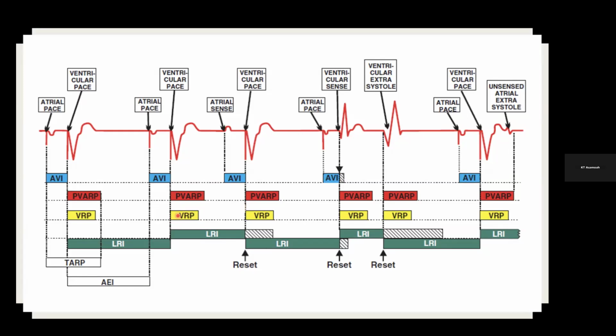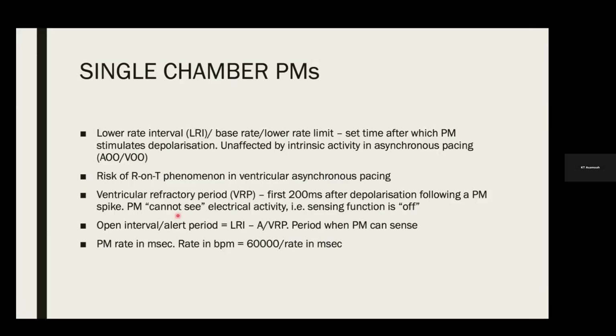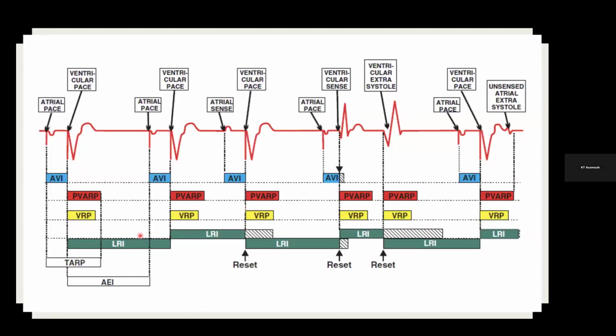Okay. Then we have the open interval, which is otherwise called the alert period. And that is equal to the lower rate interval minus the ventricular refractory period. So here you have the lower rate interval and the refractory period. As I mentioned, over here the ventricular lead can't see anything.